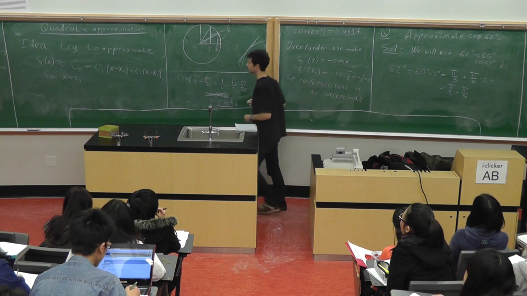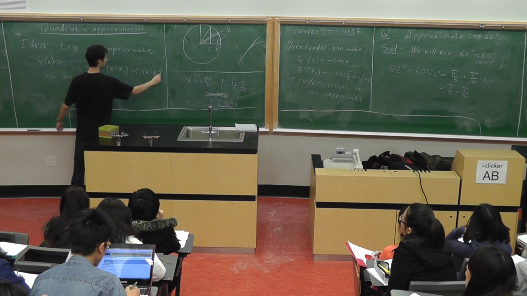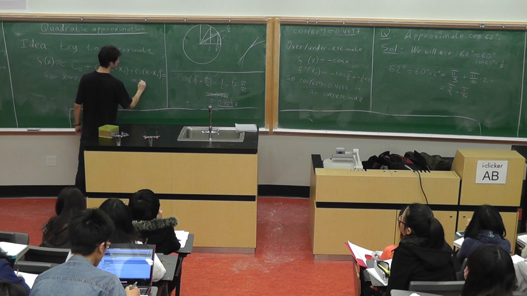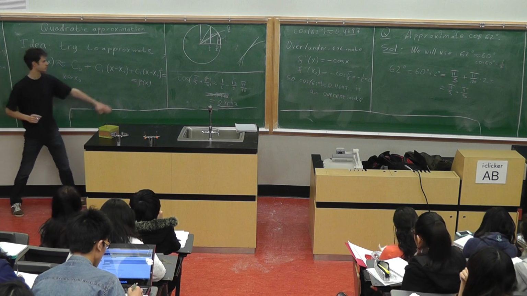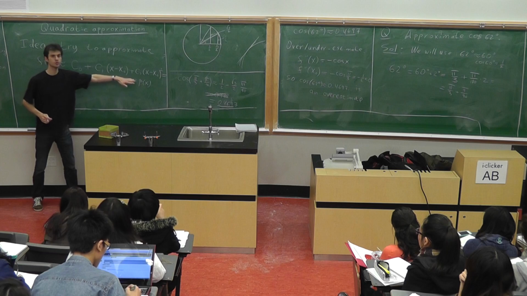Let me call this quadratic polynomial p of x. I just give it a name. It's a polynomial of x of degree 2, and it looks like this.